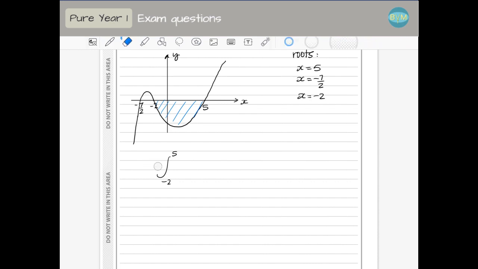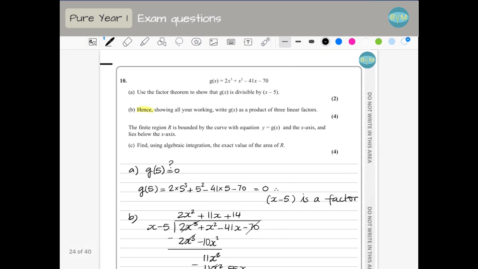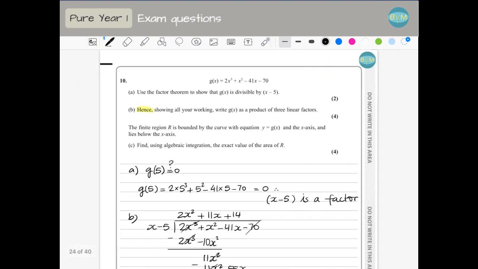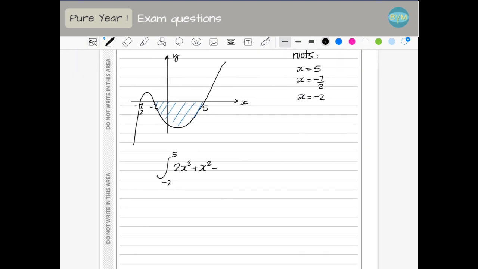Actually, I'm not going to write this because the integral is going to be negative, and I'm going to change the sign. So I'm going to integrate between minus 2 and 5, 2x cubed, I explain what I say in a minute, plus x squared minus 41x minus 70 dx.